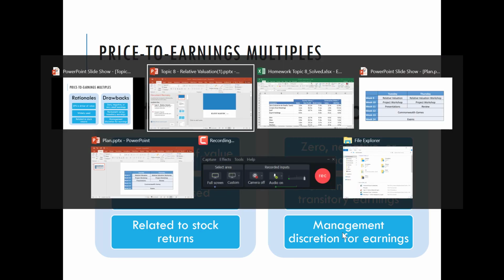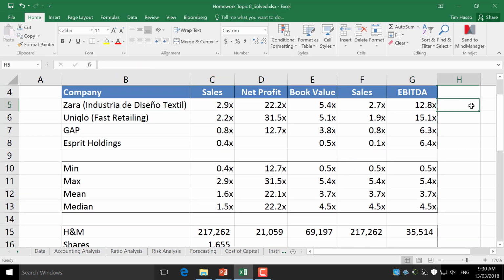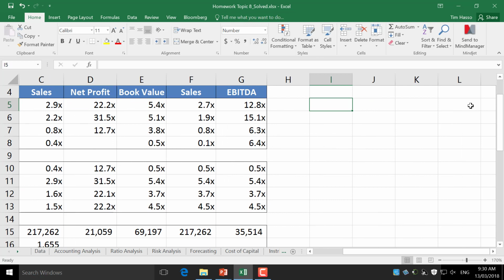Let's say, for example, the share price of a company is $10 a share and its earnings per share is 1, which means the price to earnings multiple should be 10.